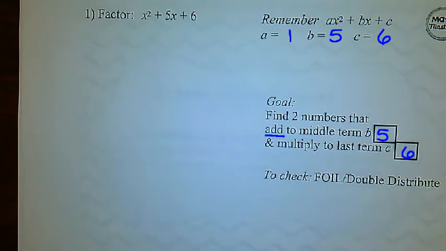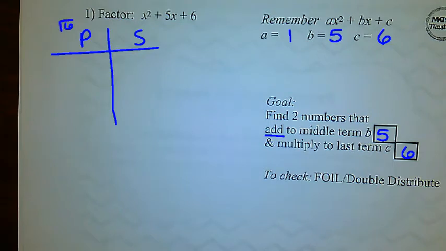Our product has to be 6, and our sum has to be 5. These are both adding, so you know both of your factors are going to be plus and plus, and this equals a positive.